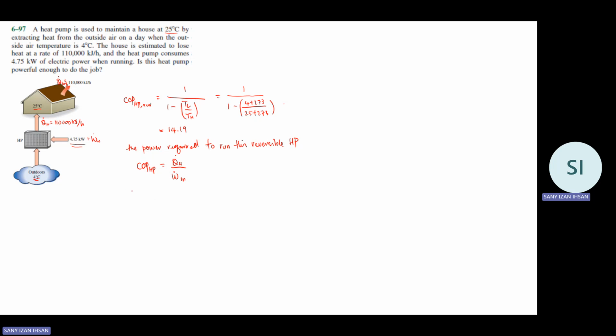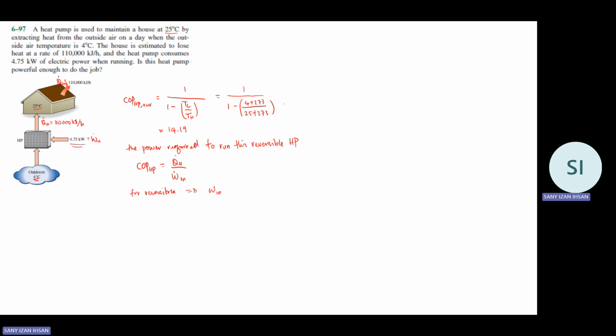Okay, so for the reversible, we can rearrange. We know the COP for reversible, and QH we also know, that will be the amount. What will be the work required?